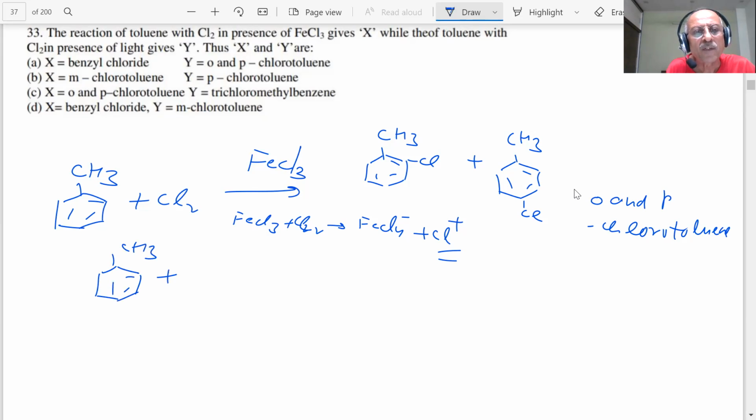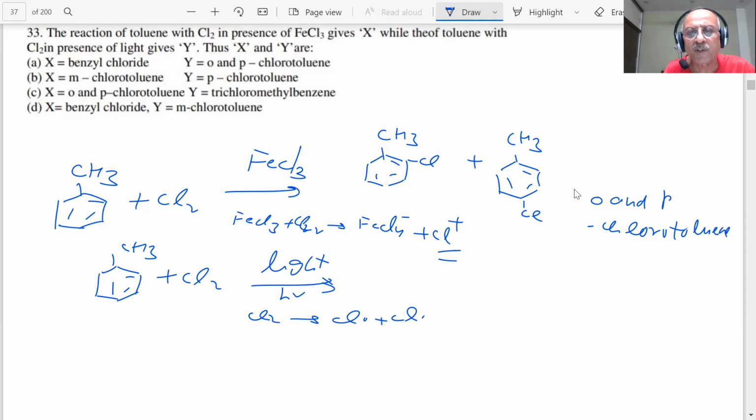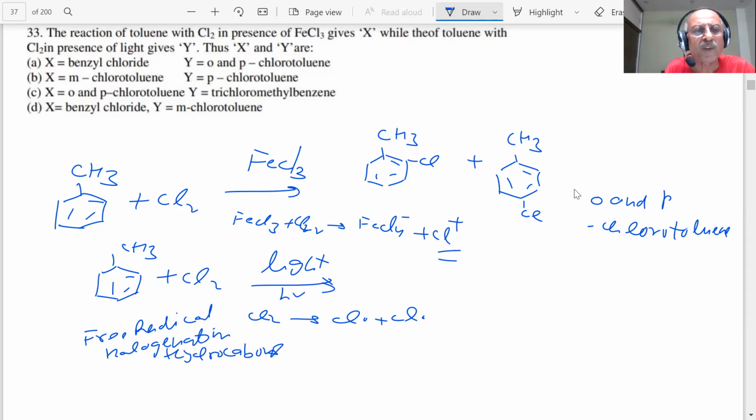CH3, Cl2 in the presence of light. What happens with the light? You already know Cl2 will form radicals. So this is a free radical substitution, free radical halogenation of hydrocarbons, student. And here the hydrocarbon is CH3.